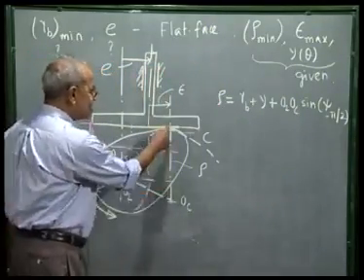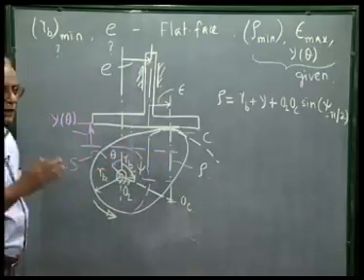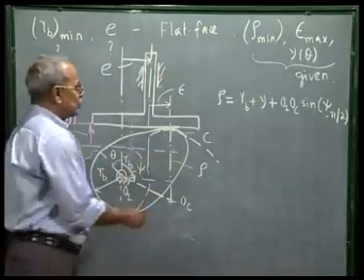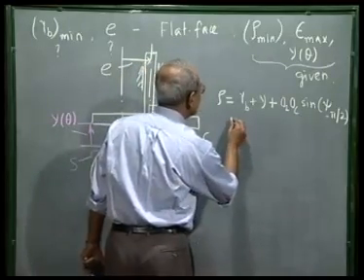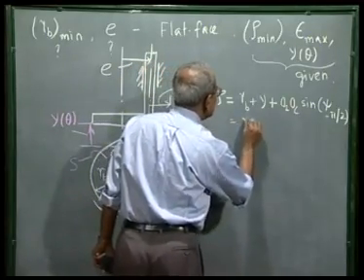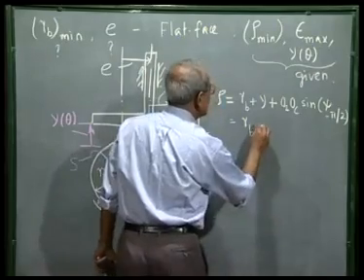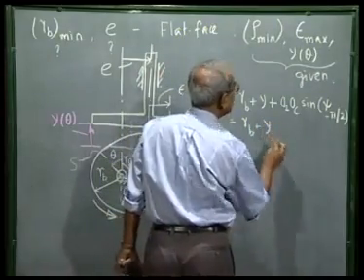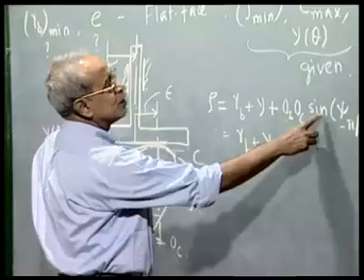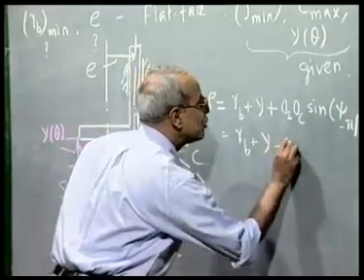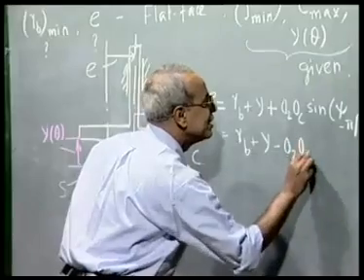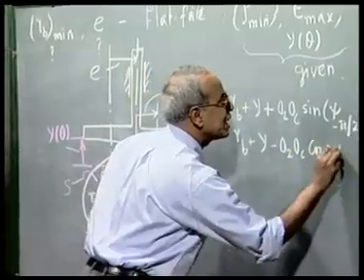Let me first simplify it. I can write RB plus y, this is minus sine of pi by 2 minus psi, so that is O2OC cosine of psi.